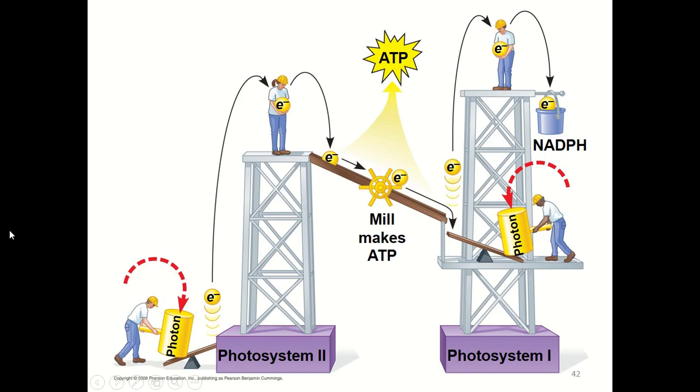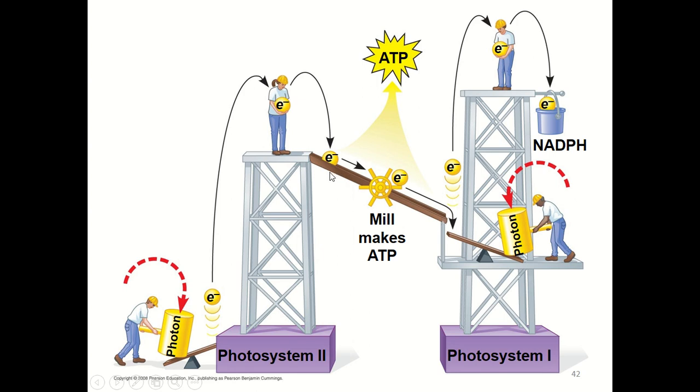Okay, so this is how it looks like. The photon strikes, the electron from the ground state is excited and then goes to the primary electron acceptor. This is the primary electron acceptor, and then it will transfer to the electron transport chain.